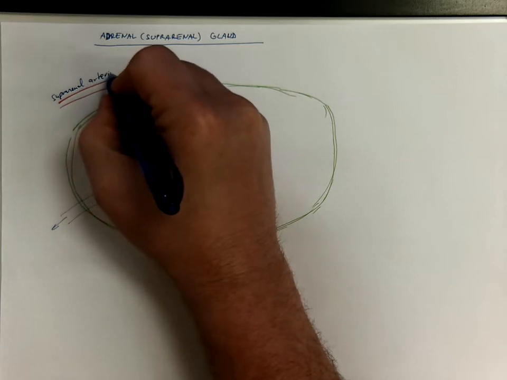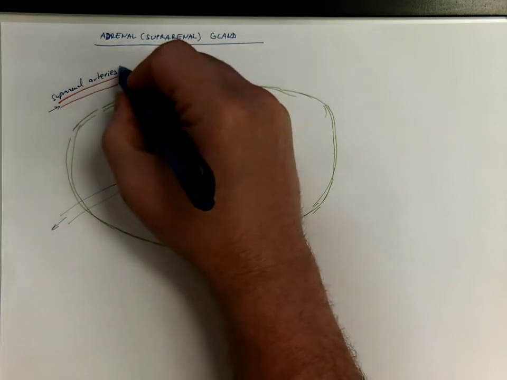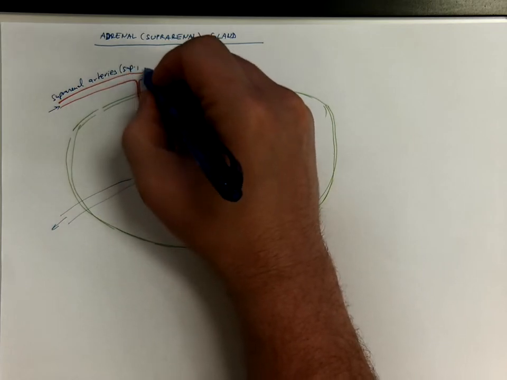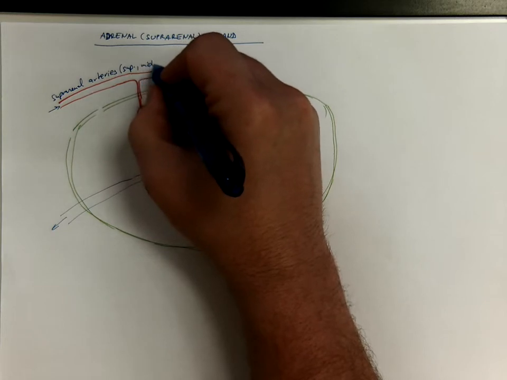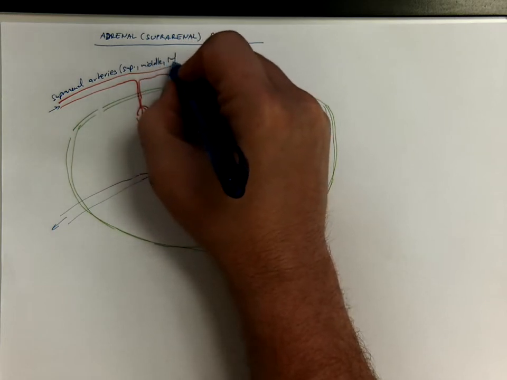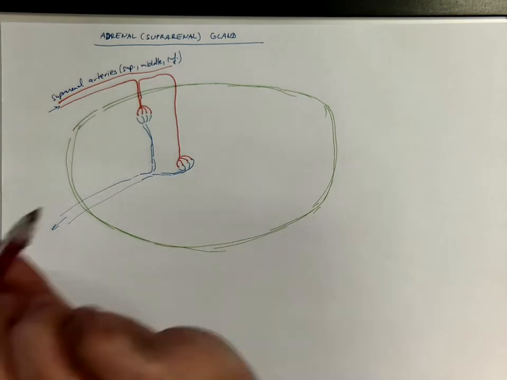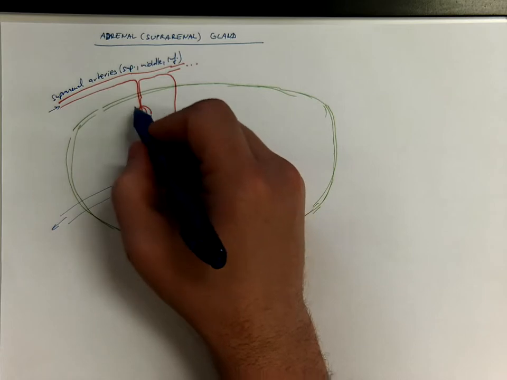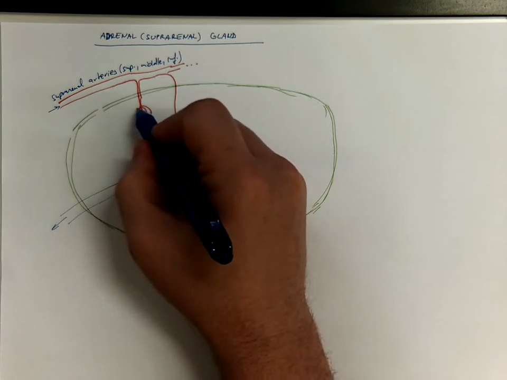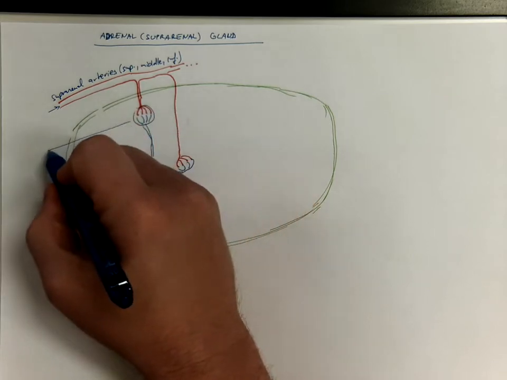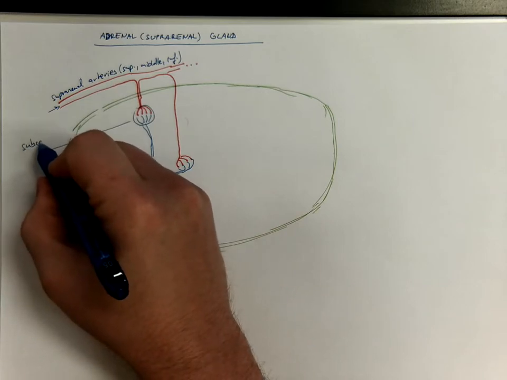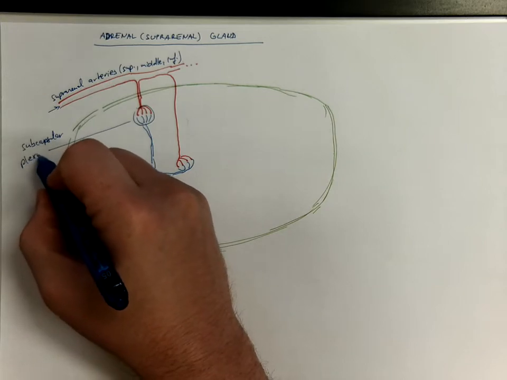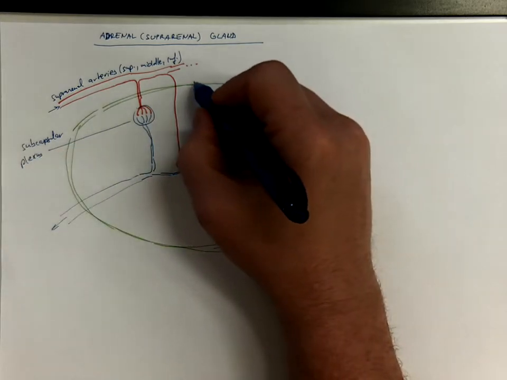So we got suprarenal arteries, the superior, middle and inferior, by the way, and we got the subcapsular plexus, because this is the fibrous capsule, right?